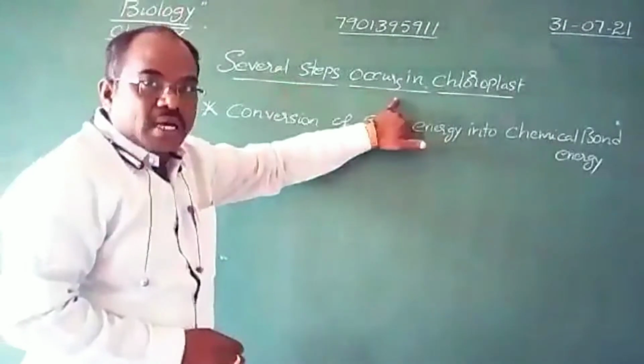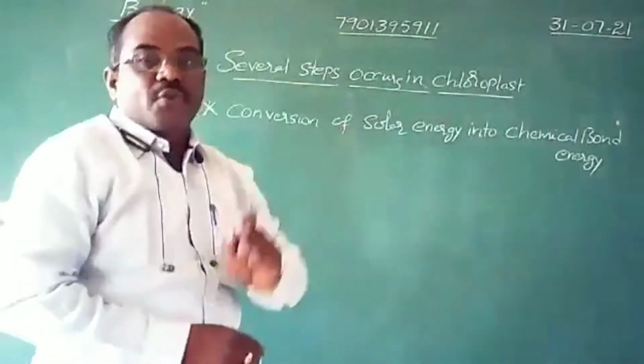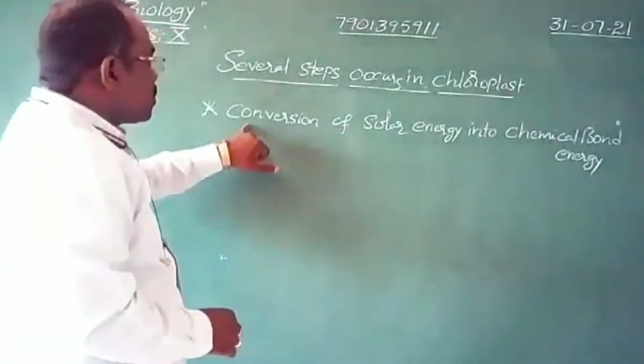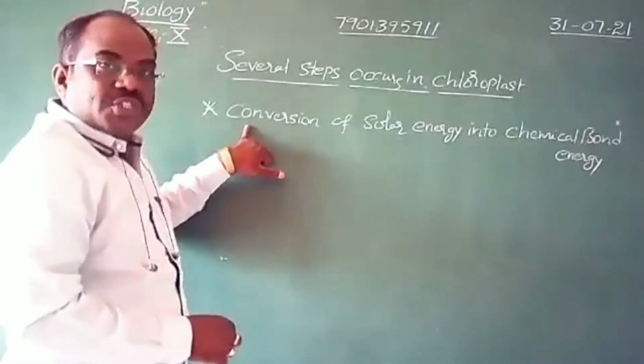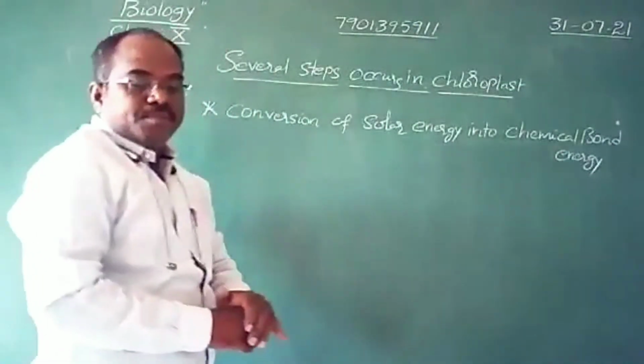Several steps occur in the chloroplast. First step, conversion of solar energy into chemical bond energy.